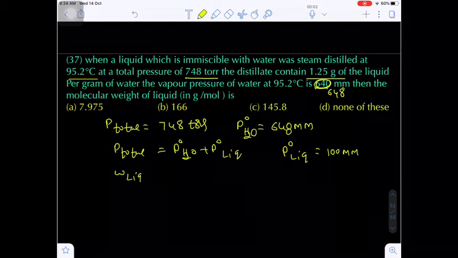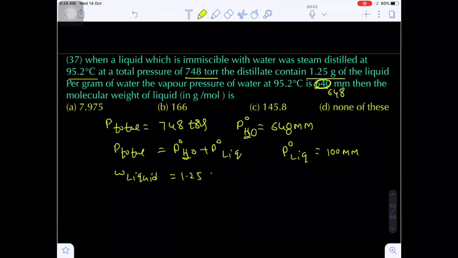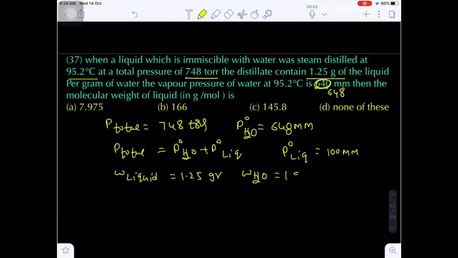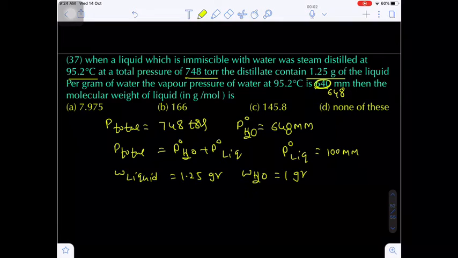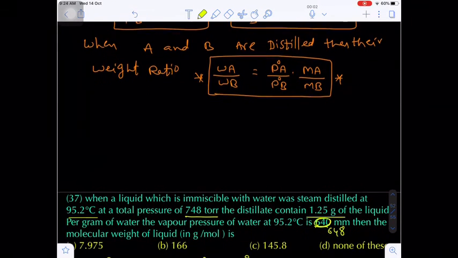And next, what is the weight of the liquid? That is 1.25 gram per gram of water. That means the weight of water is 1 gram. Do you know the molecular weight of water? The molar mass of water is 18 gram per mole. Then what is the molar mass of the liquid? That is the question mark.